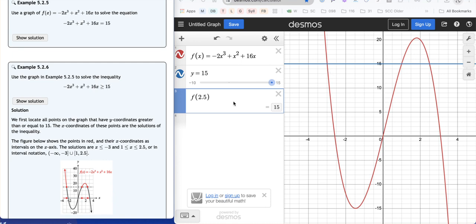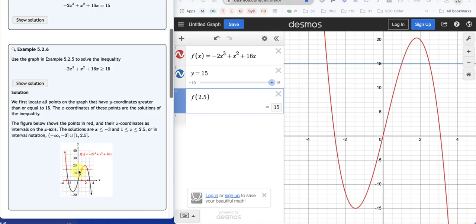So anything on this red graph that goes up and down, wherever we have values that are greater than 15, that's going to satisfy this inequality. Notice in the reading, they highlight those values on the graph by creating them in red.